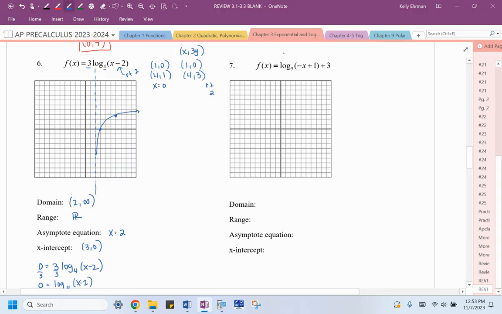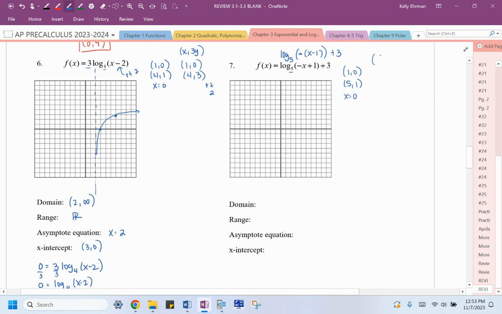All right, number 7 needs a little bit of fixing. We've talked about this in chapter 1. Factor the negative out anytime you have a y-axis reflection and a horizontal shift so that you shift in the proper order here. So the original nice points are 1, 0, and base 5, so 5, 1, and x equals 0.